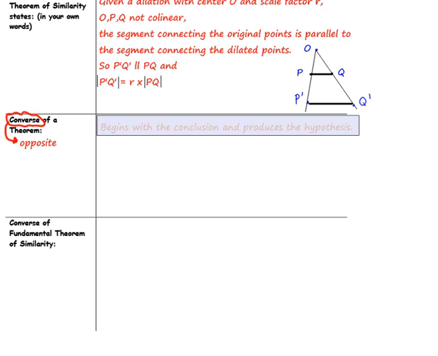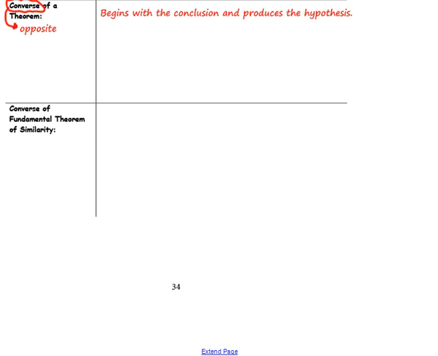Add this to your notes. The converse of a theorem begins with a conclusion and produces the hypothesis. The converse of the fundamental theorem of similarity begins with a statement about parallel lines.